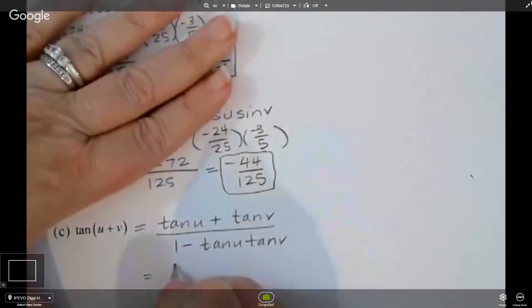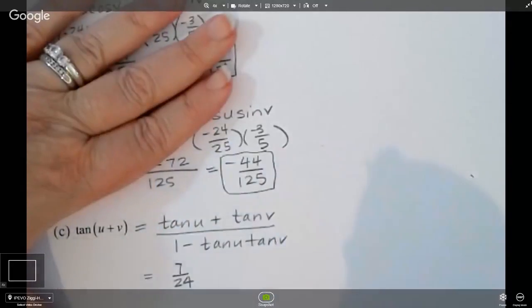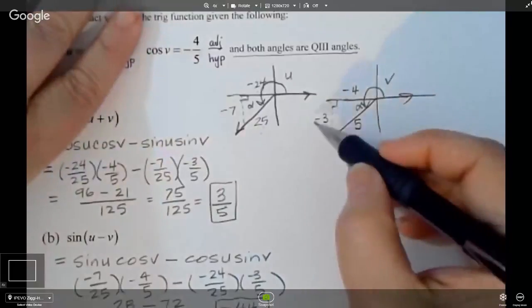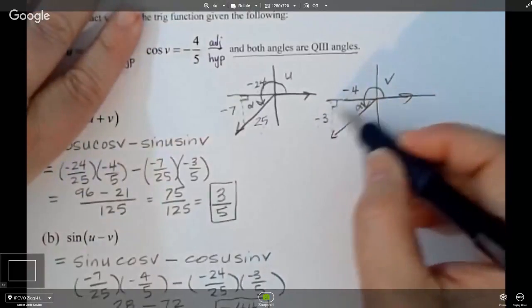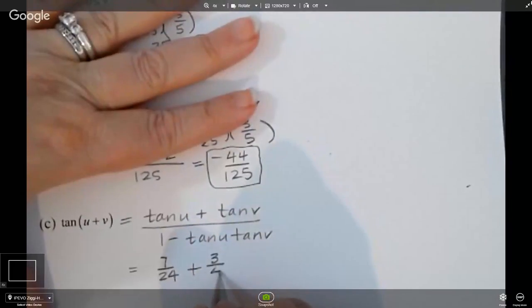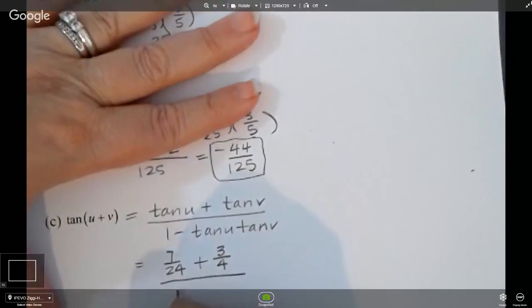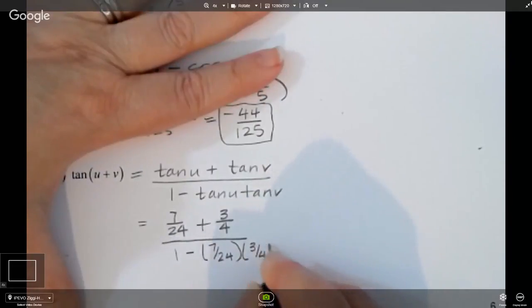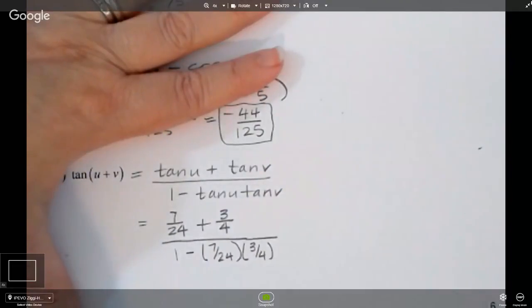So that's going to be 7 over 24. Plus the tangent of v, which is going to be 3 over 4, right? Because negative 3 over negative 4 is a positive number, so that's 3 over 4. All over 1 minus the tangent of u, which we just figured out, which is 7 over 24, times 3 over 4, the tangent of v.